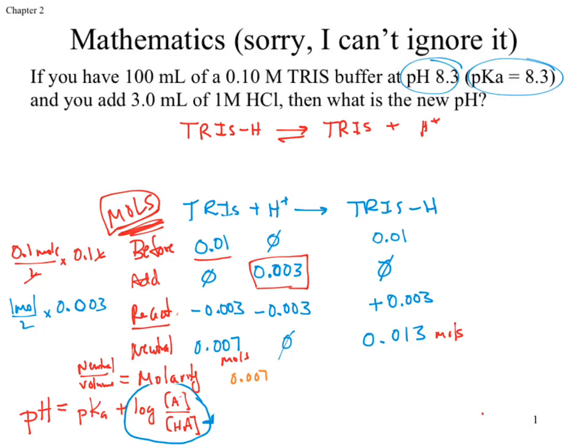I'm not going to bother to actually calculate that. We've got moles over 0.103 liters and 0.013 moles. Whoops, pay attention. 0.103 liters.